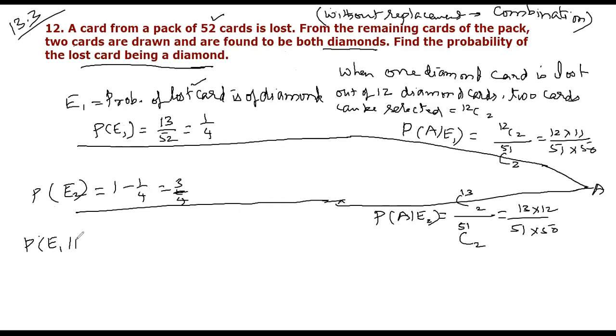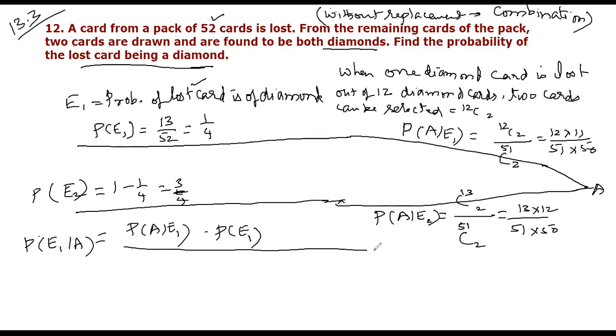Okay, so for E1 given A, they are asking the probability of A given E1 into probability of E1, divided by, by Bayes theorem, probability of A given E1 into probability of E1 plus probability of E2 into probability of A given E2.